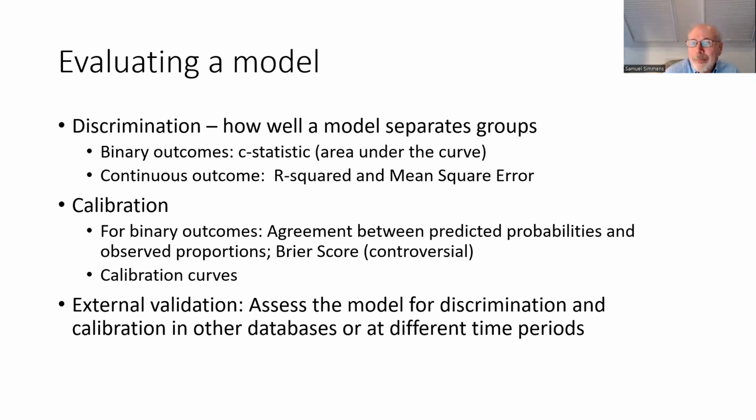So this is getting into what's very special about prediction models. Discrimination is how well it separates the groups. For continuous outcomes, it's pretty easy. The standard R square, percentage of variance explained, is often used. The mean square error is also used. I'm not going to explain that now.